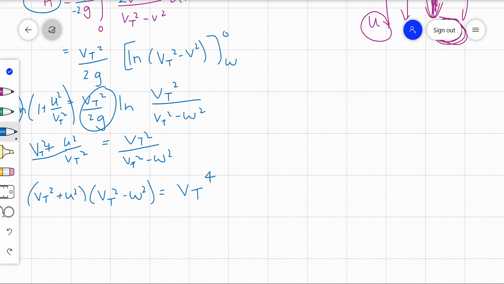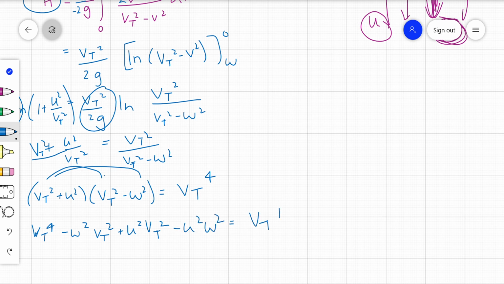Okay, so if I have a look at expanding that out, I'm going to get vt to the power of 4, that's that one. I'm also going to get negative w squared vt squared, that's that one. I'm also going to get u squared vt squared and minus u squared w squared. Okay, so are we close?